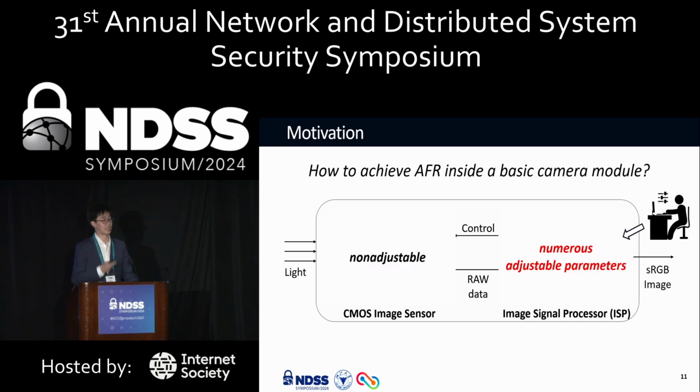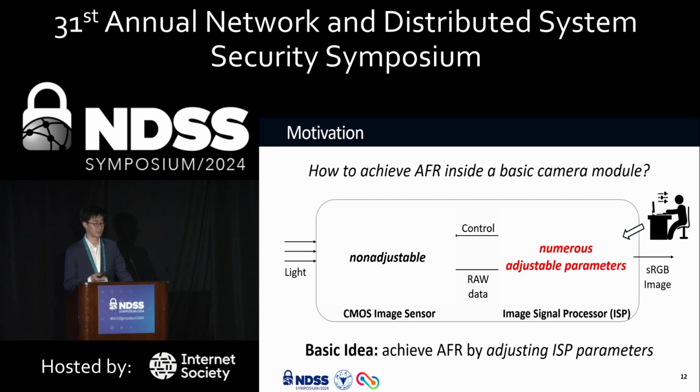The sensor and the ISP functions are implemented in hardware and thus not adjustable. But the parameters of these ISP functions are configurable by the firmware. Typically, these parameters are manually tuned by experts during the development process.